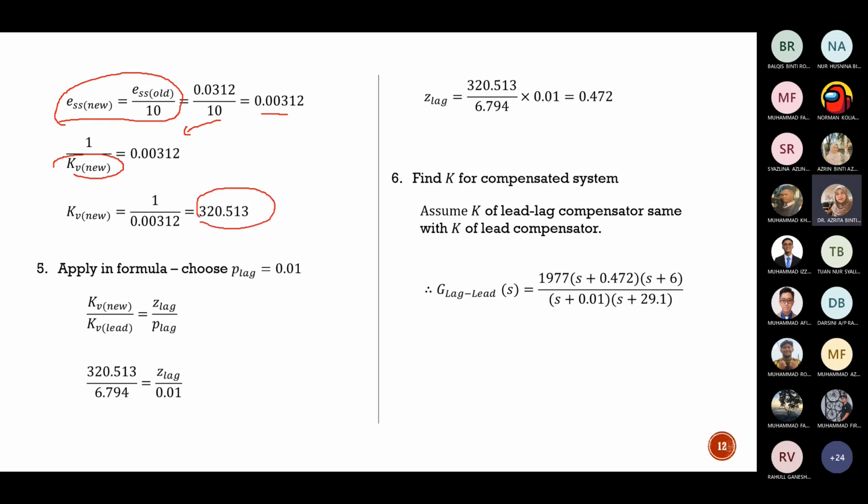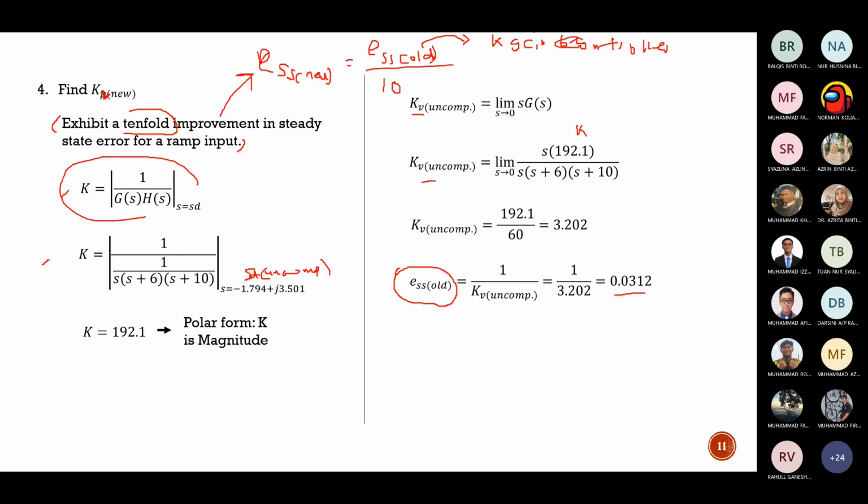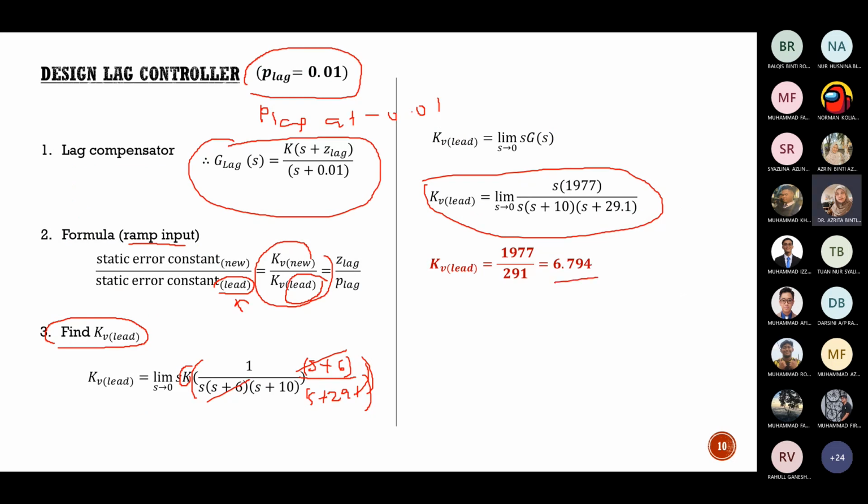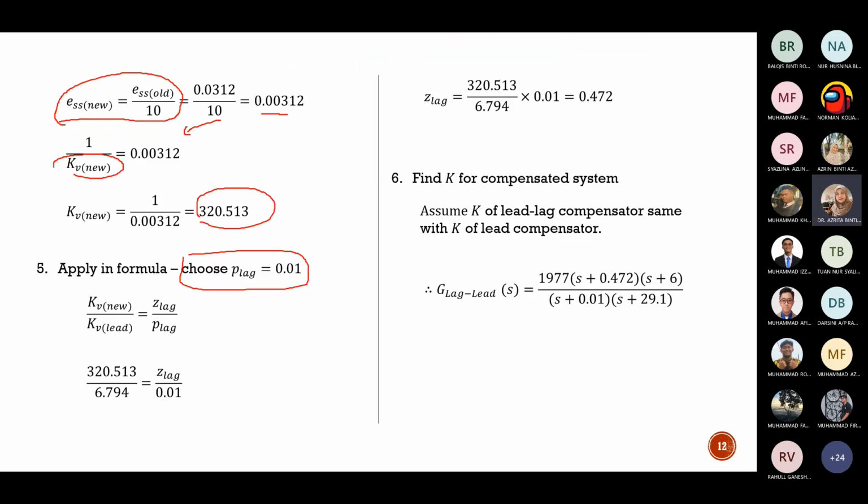Okay, and then we apply the formula to choose the P lag to obtain the Z lag. So from the question, we choose the P lag equal to 0.01. So KV new here, KV lead here, and then rearrange the equation so we can obtain the Z lag.